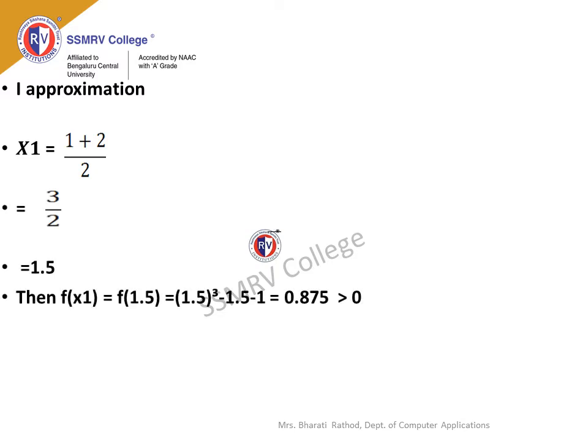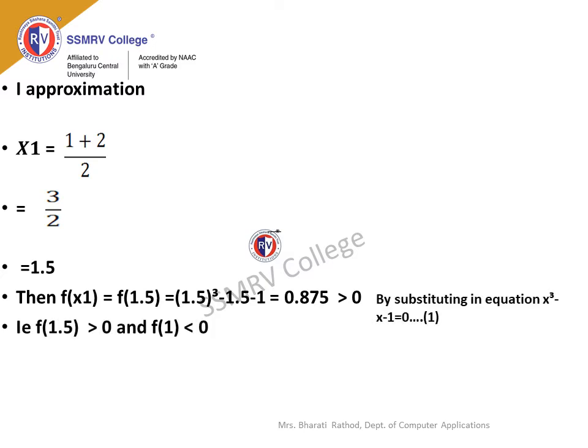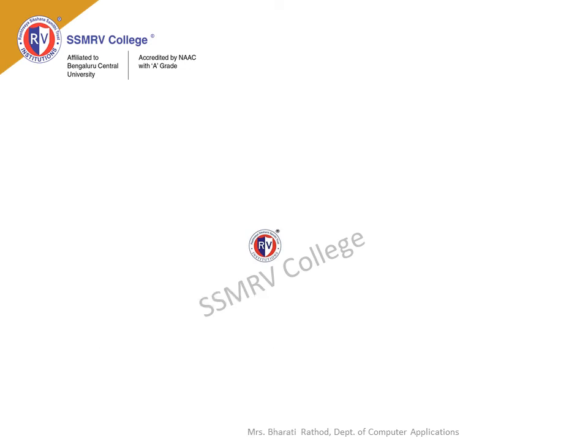Now f(x1), that is f(1.5) = 0.875, which is greater than 0. Now consider the negative value from the previous step. We got f(x1) positive and f(1) negative. Hence the root lies between 1 and 1.5.